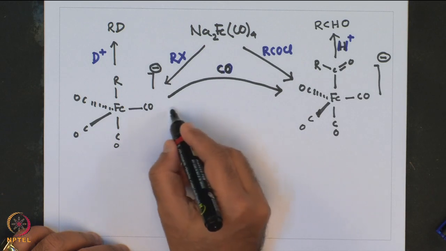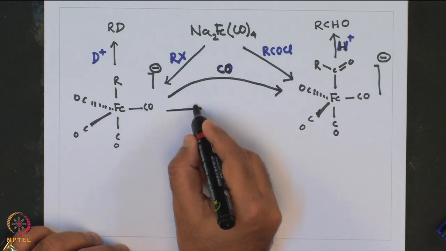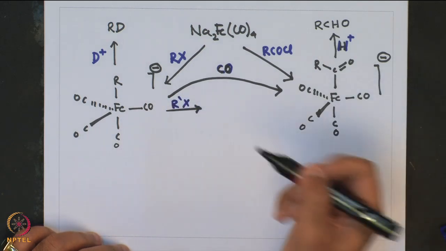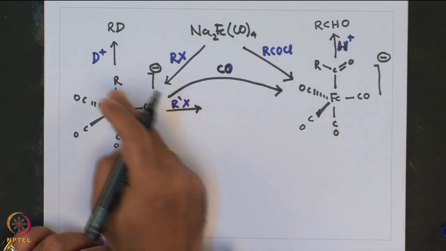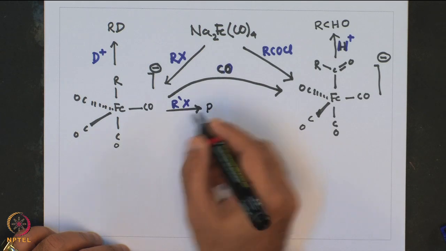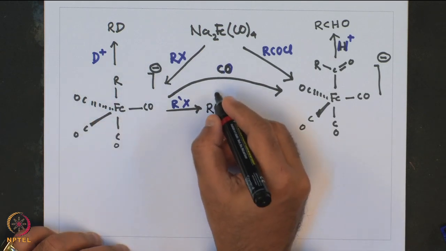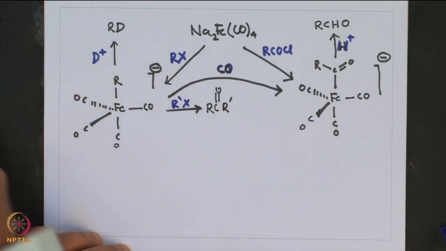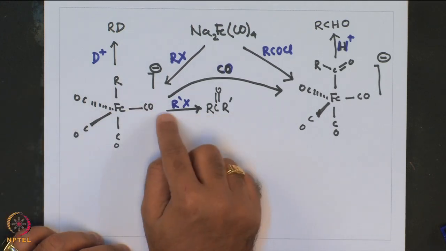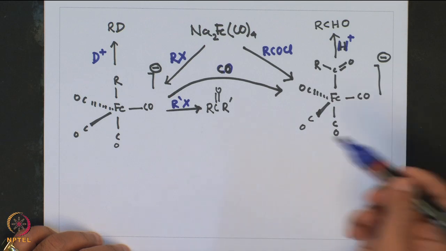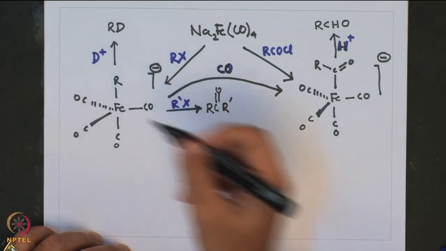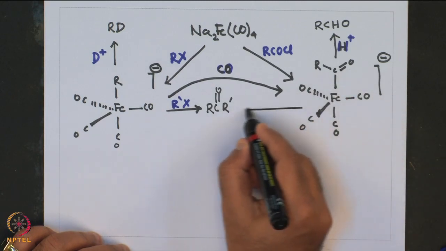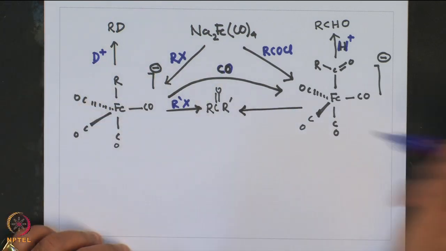Similarly, if this alkyl is treated with R'X, then one gets this ketone where there is a CO inserted, one gets this RCOR', where one CO has migratorily inserted and then R'X gets in, giving the ketone, and the same can be obtained from this acyl complex by treating with R'X.